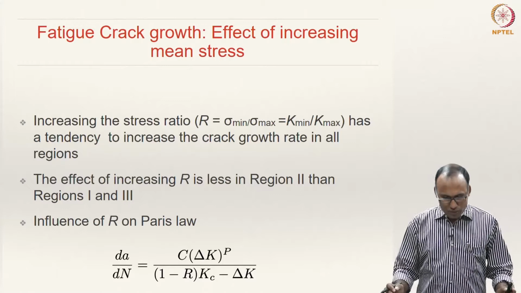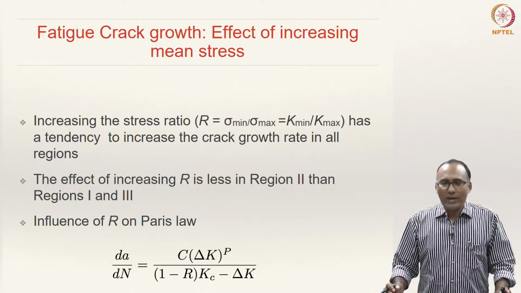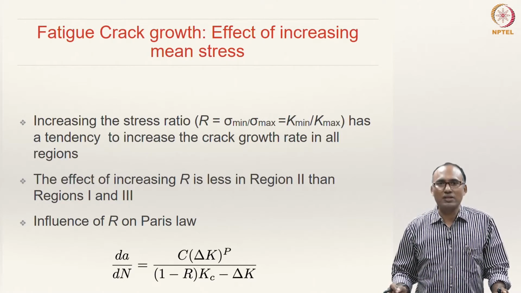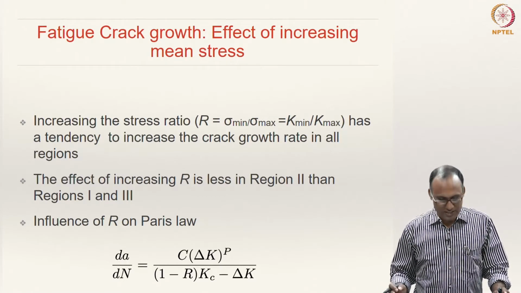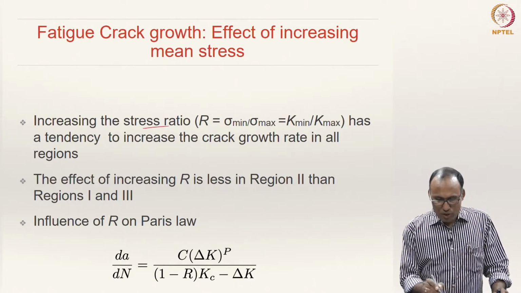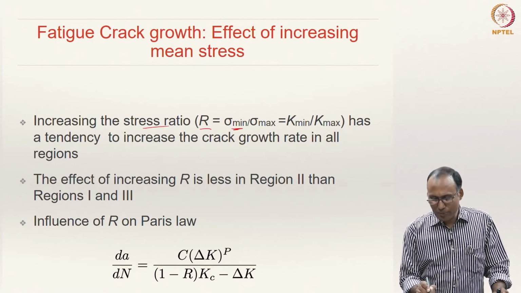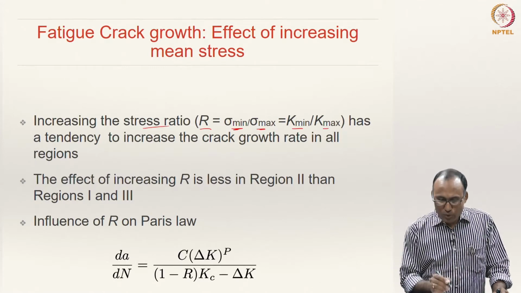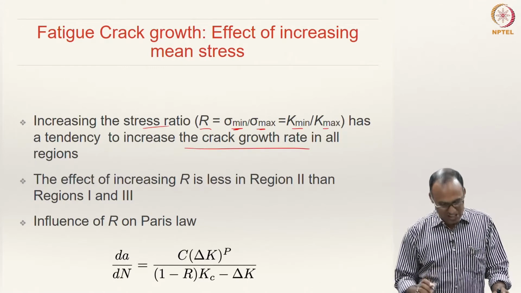Okay. And now, what is the effect of mean stress on crack growth rate? Increasing the stress ratio R, which is equal to sigma min by sigma max, in other words K min by K max, has a tendency to increase the crack growth rate in all the regions.